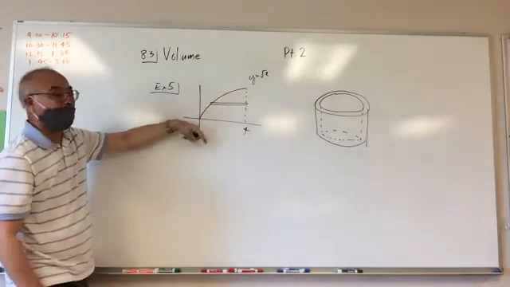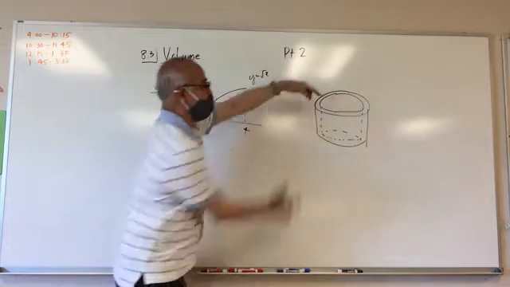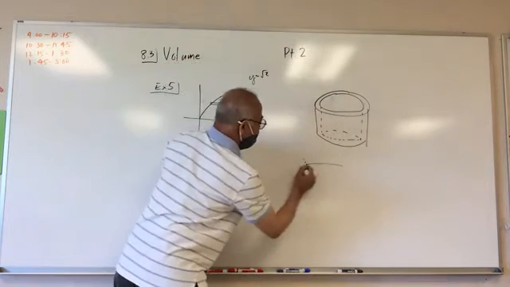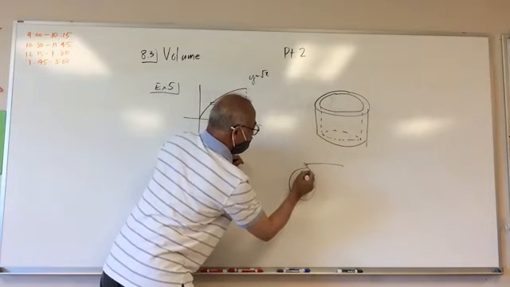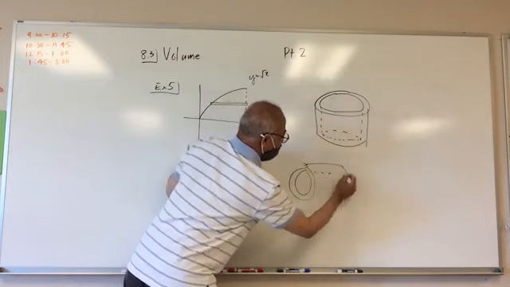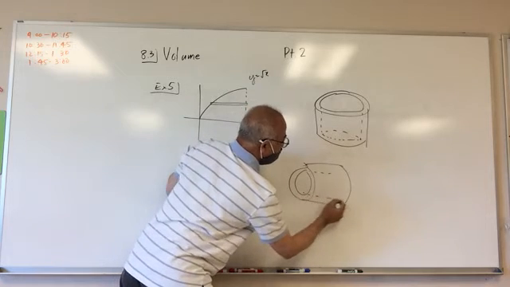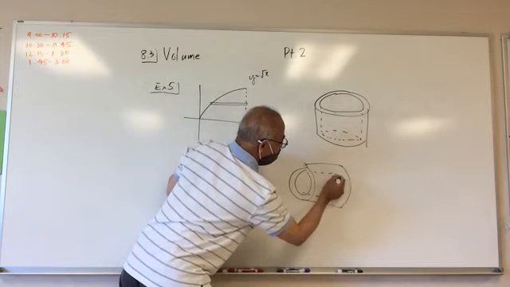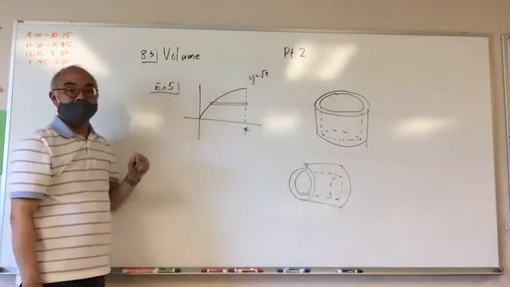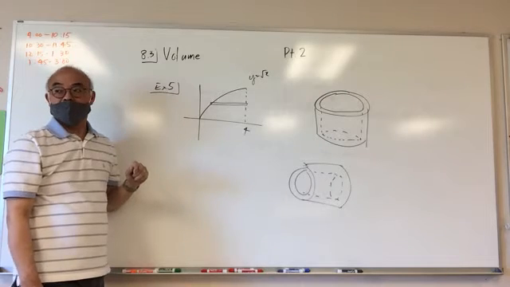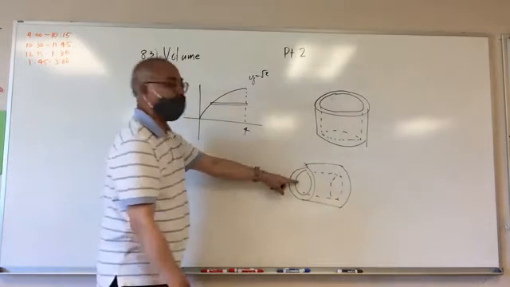When you rotate it around, you end up with something that looks like this, but on its side. Does that make sense? Are we good there? Okay, so you're going to have to calculate the volume of this.